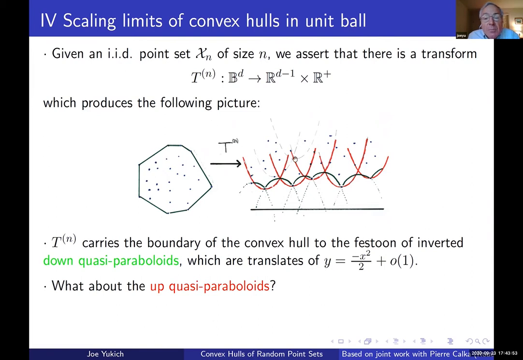So this parabola here is not colored red because it's obviously covered by the union of the epigraphs of the remaining parabolas, whereas this point is the apex of a parabola such that its epigraph is not covered by the union of the remaining paraboloids. And that's the rule for coloring a parabola red or not.